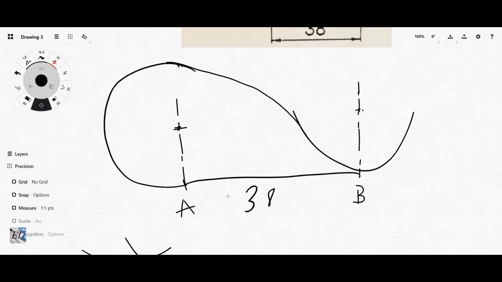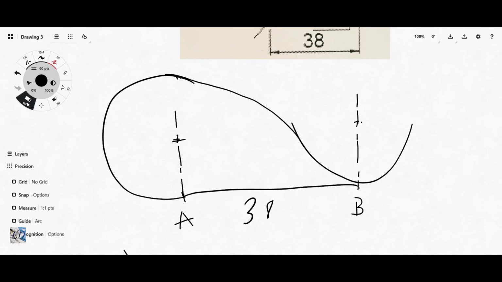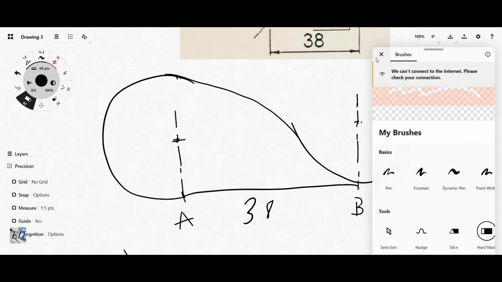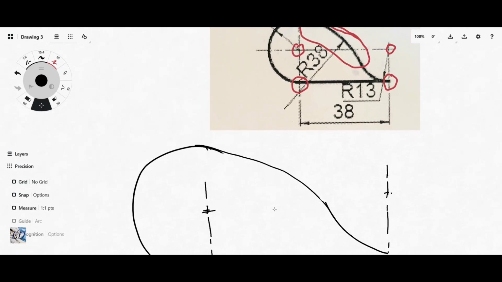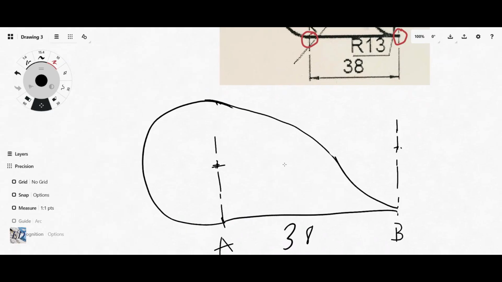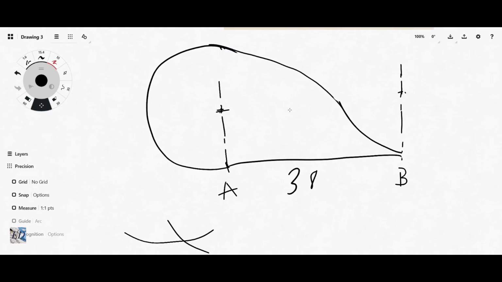Since this is engineering drawing work, you keep your lines neat as much as possible. And so there you have it.